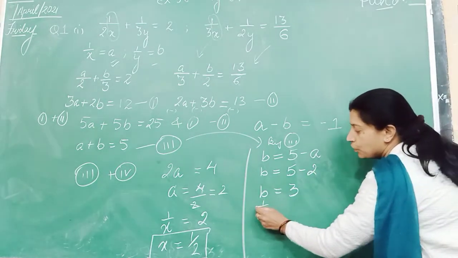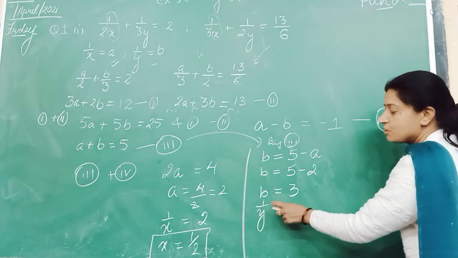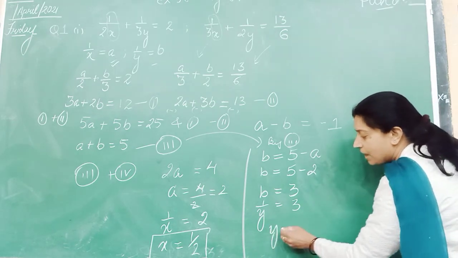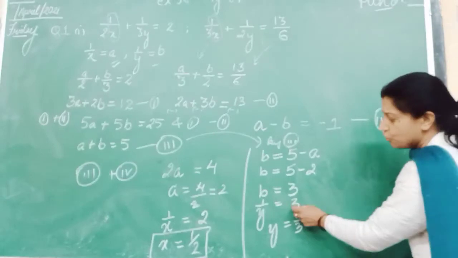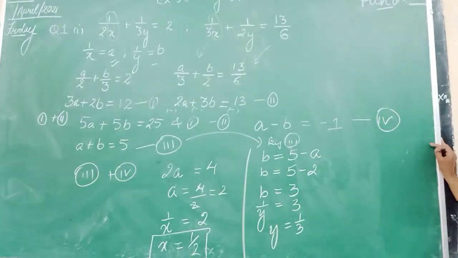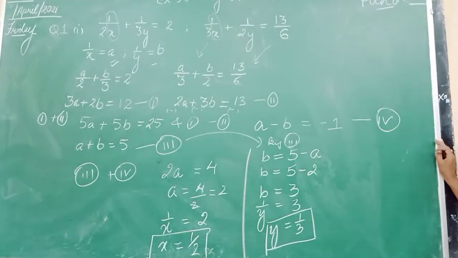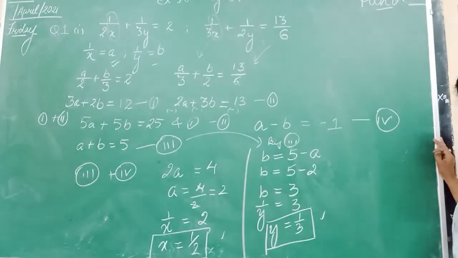So again putting back its value, because b was our supposition, we were actually asked value of y. So 1 by y is 3, that is y is equal to 1 by 3. Either you say reciprocating it, or you take 3 here, y here, whichever way you understand. So your y comes out to be 1 by 3. So your answers are x is 1 by 2 and y is 1 by 3.